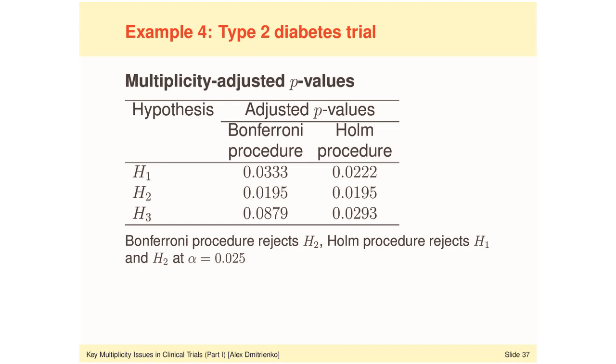What's important to remember here is that the adjusted p-values for the Holm procedure, and once again it's a more complex procedure that utilizes a stepwise testing algorithm, have already incorporated all information about this multiplicity problem and about this multiple testing procedure, and each individual p-value is once again simply compared to the 0.025 level. It can be done in any order. We don't have to worry about the underlying sequential algorithm anymore.